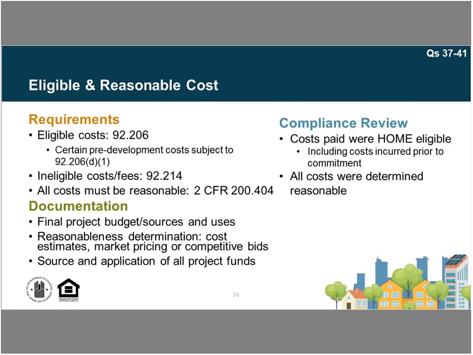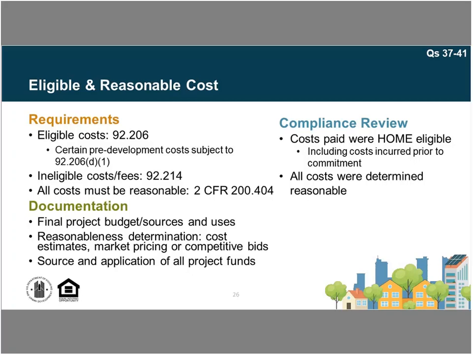I give you the reference there of the discussion of reasonable, but essentially the requirement is that you as a PJ need to look at all costs within a budget and determine those costs to be reasonable based on some kind of cost estimating, market pricing, competitive bidding, or other ways that you do to determine that the costs are reasonable in your current market situation.